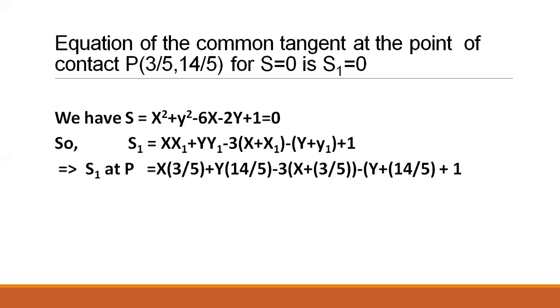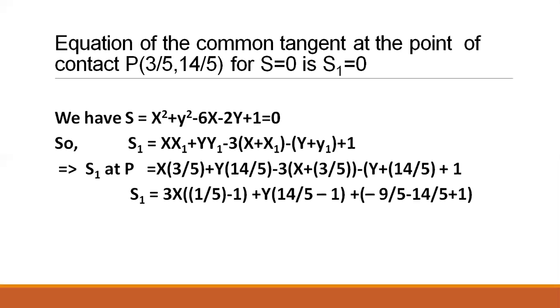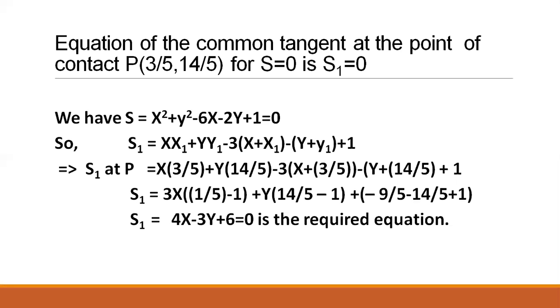So x, what is x1? 3 by 5. Plus y, what is y1? 14 by 5. Minus 3 times (x plus 3 by 5) minus (y plus 14 by 5) plus 1. On simplification, we will get S1 as 4x minus 3y plus 3 equal to 0, which is the common tangent at P.